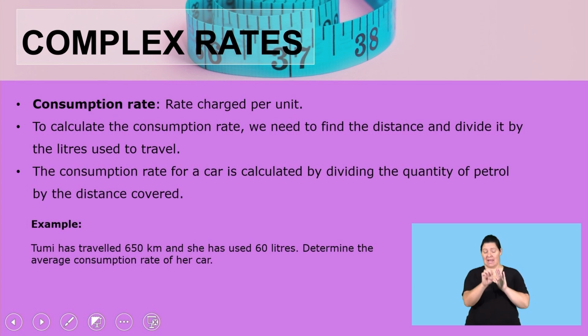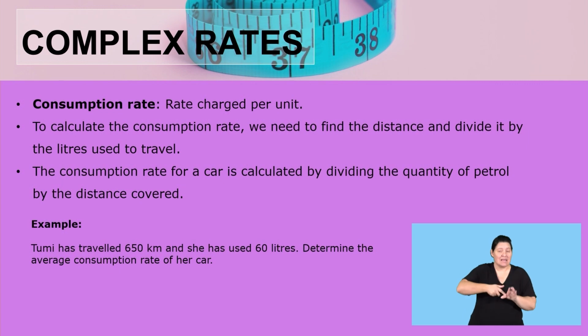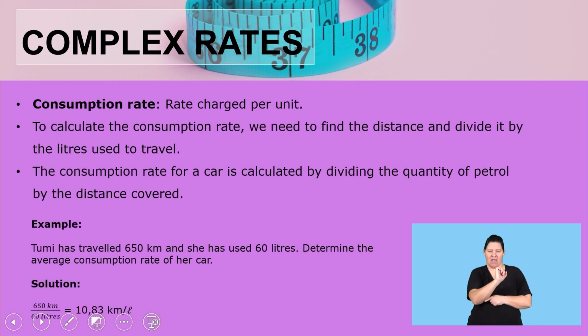The first example that we have, Tumi has traveled 650 kilometers and she has used 60 liters. Determine the average consumption rate of her car. Then to determine the average consumption rate of her car, we are going to take the distance covered, we divide it by the liters.